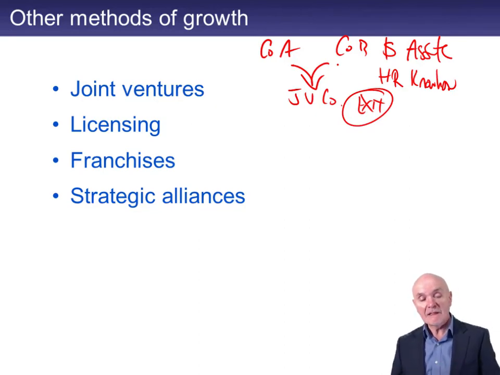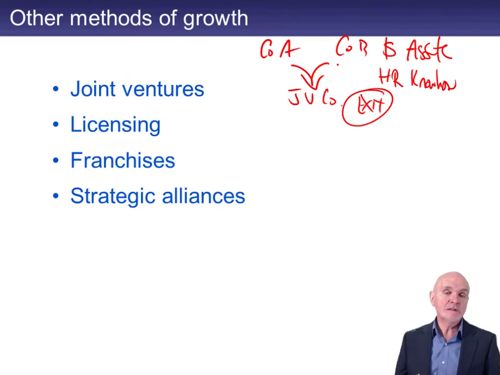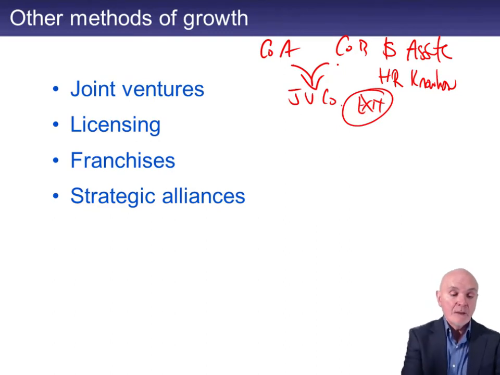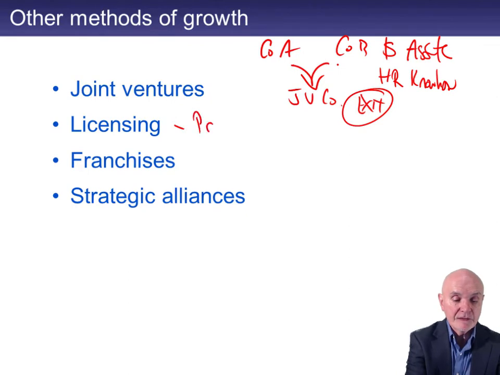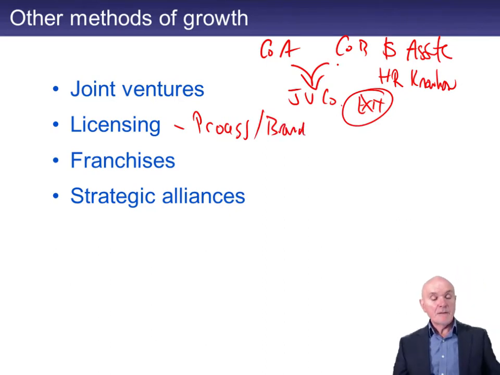Licensing is a very low risk way of expanding abroad. Basically what you do is you allow somebody else to use a process or maybe a brand. It's very popular, for example, in Europe to license the manufacture of beer.